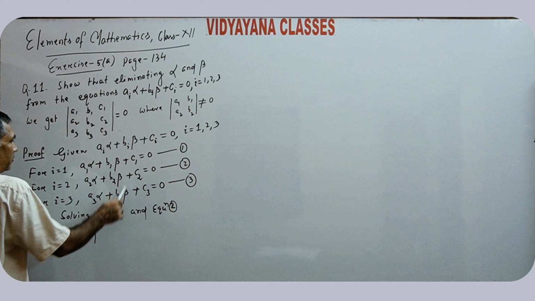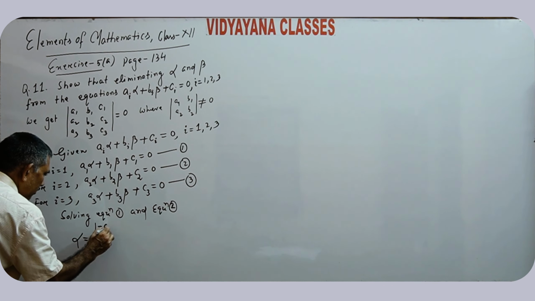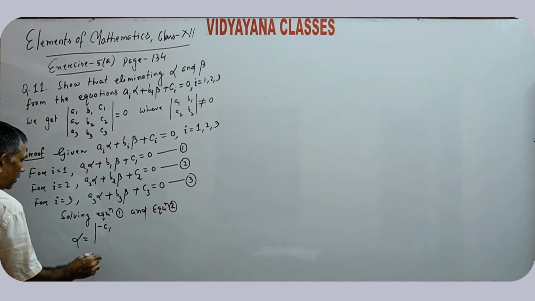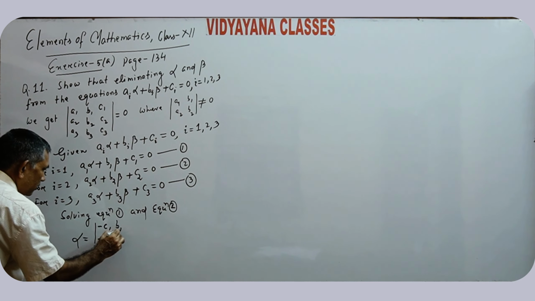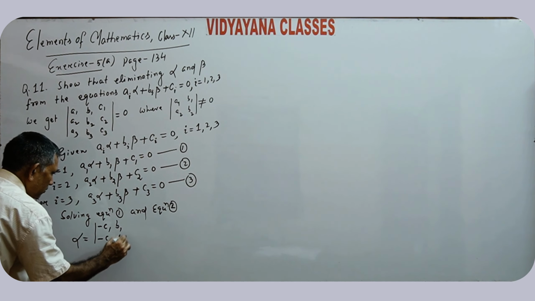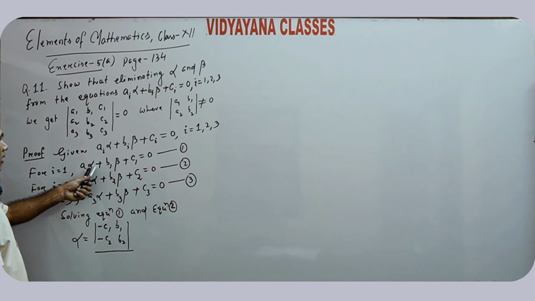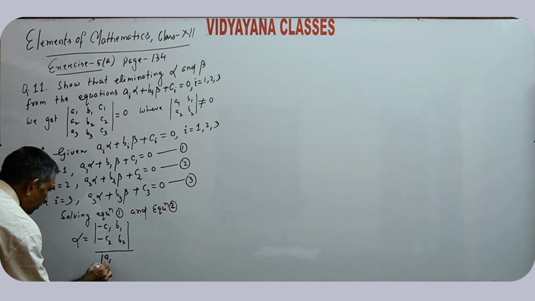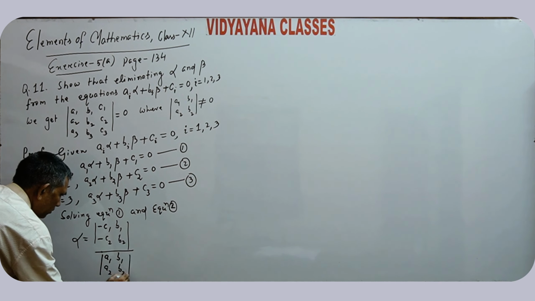Del 1 means the determinant having elements minus C1, minus C2, B1, B2, divided by del. Del means the coefficients of alpha and beta, the determinant having elements A1, A2, B1, B2.